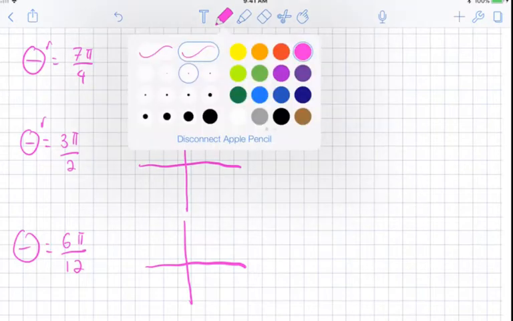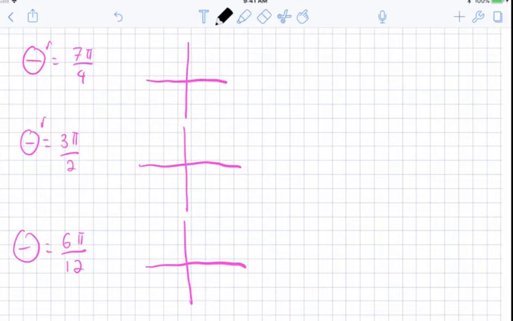All right, how are we going to do this? Well, you kind of do it the way you do it with angles. You know how when you do it with angles, you break things up into 90-degree chunks? Let's try breaking this up into pi over 2 chunks. 7 pi over 4 is equal to, why don't we call it, 4 pi over 4 plus 3 pi over 4.